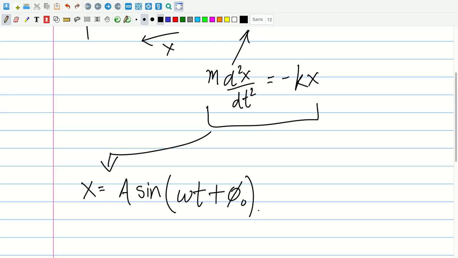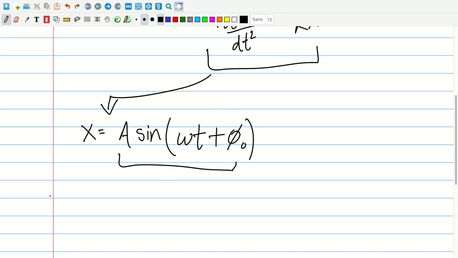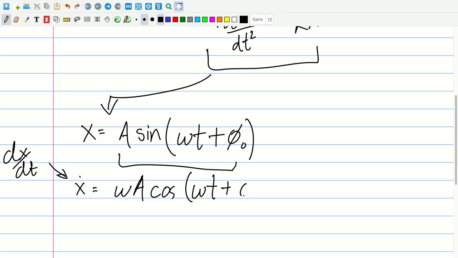But if we run this expression through the differential equation, and I want you to try this, let's do x dot, which is just a single time derivative, dx/dt. So we end up getting omega A cosine of omega t plus phi 0.